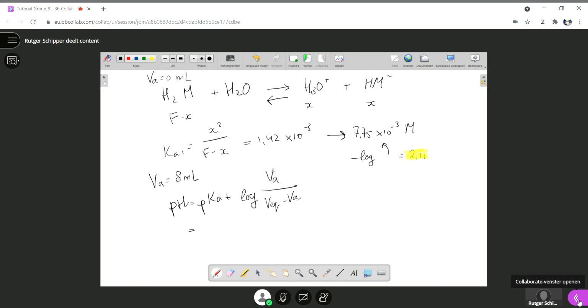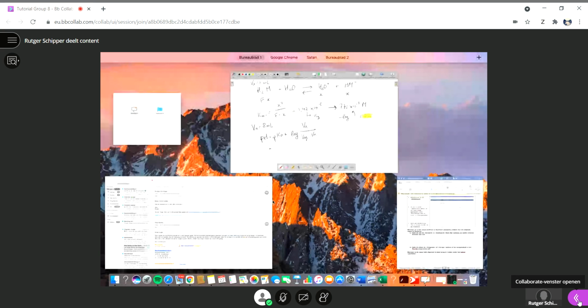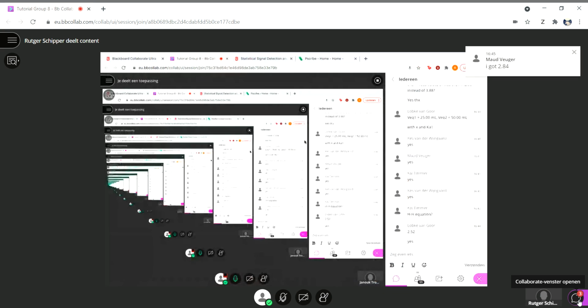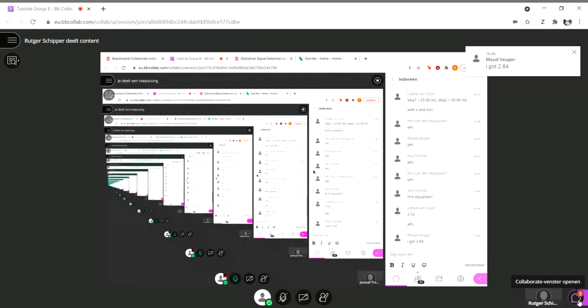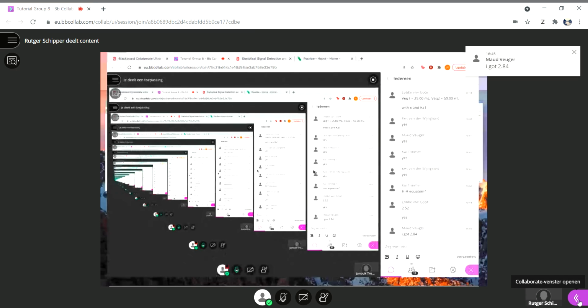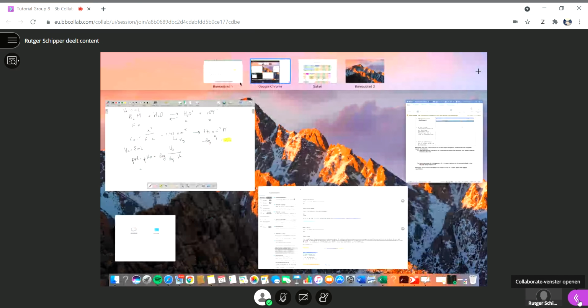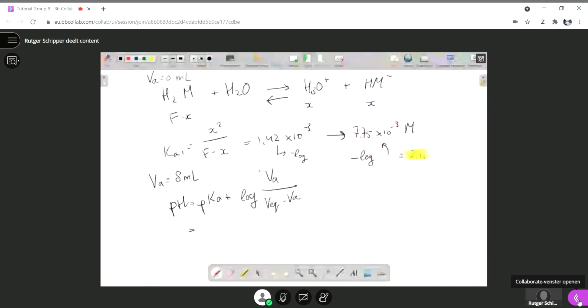How did you calculate this? It's the minus log value of the Ka1, right? So this value, the minus log value. Yes, same. I'm getting a 2.85 as well. 2.84, 2.85.